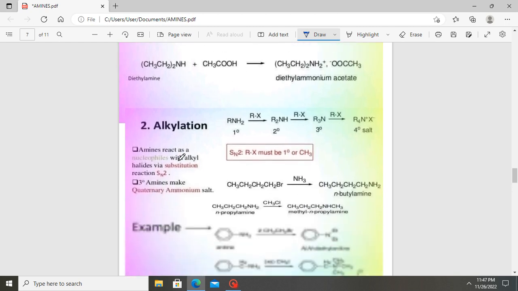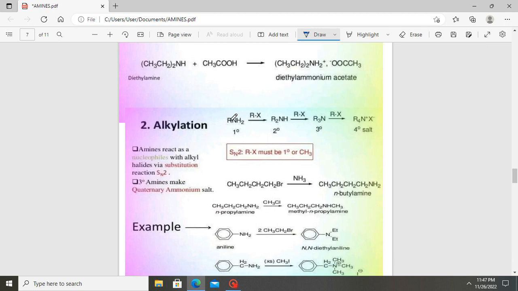Let's look at some alkylation reactions. As we said, amines are basically nucleophilic, so alkyl groups can be added to amines to increase their alkyl portion. Let's look at this reaction.